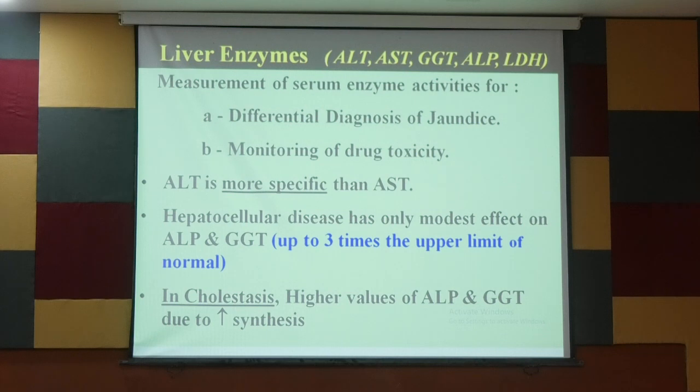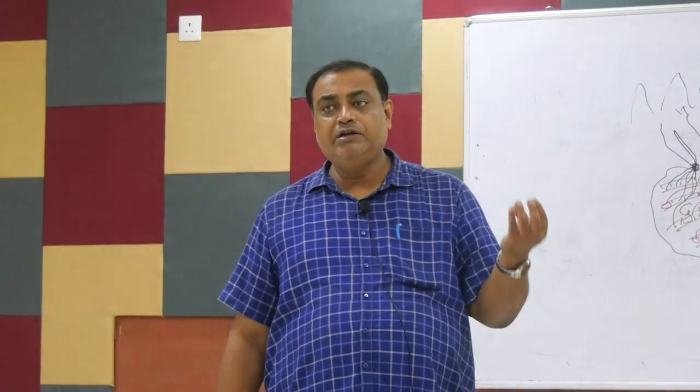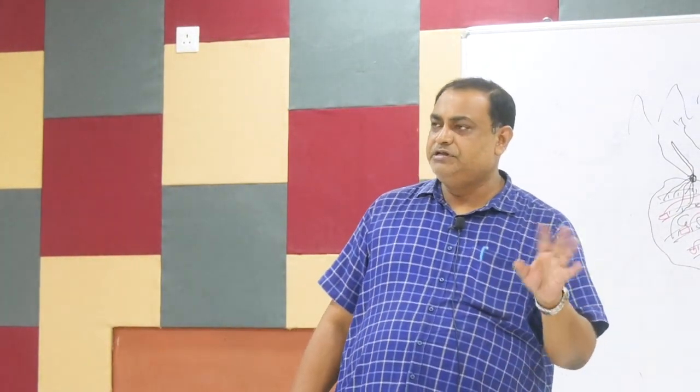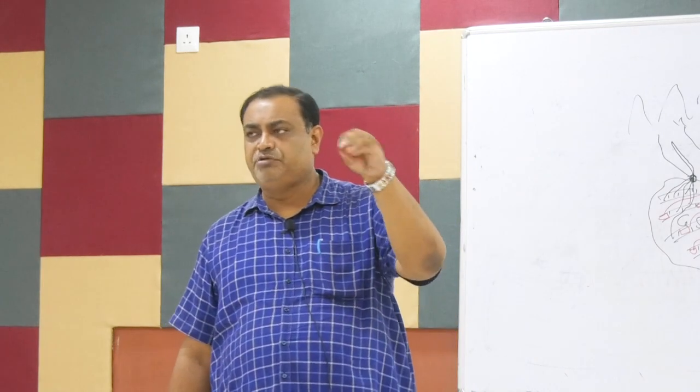One is for overproduction of bilirubin. Another is for obstruction. The third one, the middle one, is insufficiency in the conjugation process. Hepatocellular jaundice is due to insufficiency in the conjugation process.